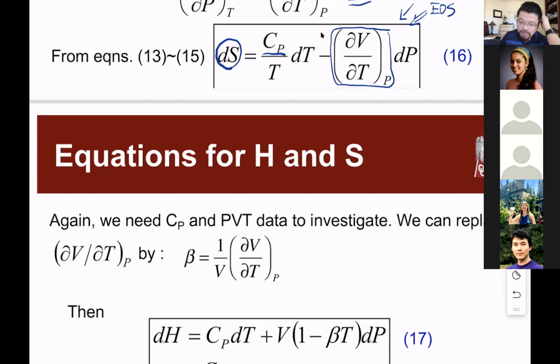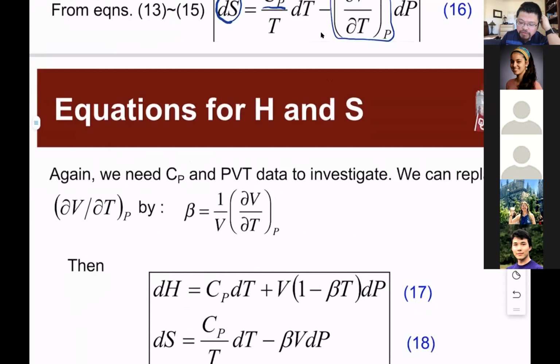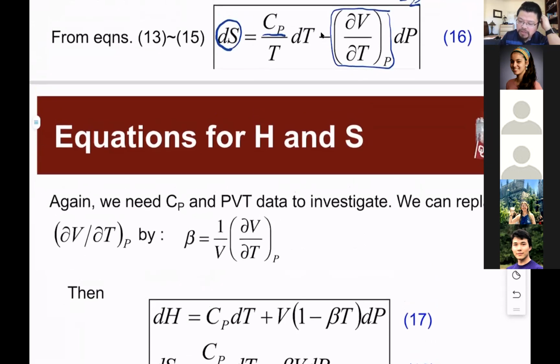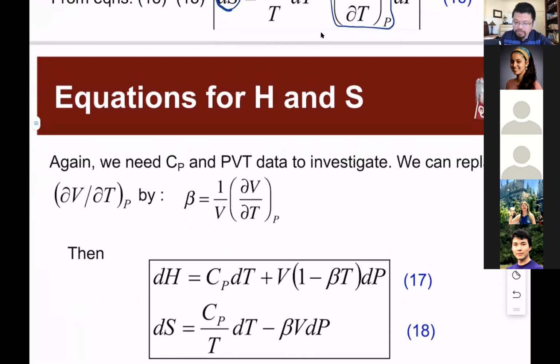All right. So moving forward, once we receive this equation 16, you probably vaguely recall the alpha and beta coefficients we were talking about in the lecture on equations of state. Then equations 17 and 18 are not new equations, but simply we try to take advantage of this compressibility or expansion coefficient.